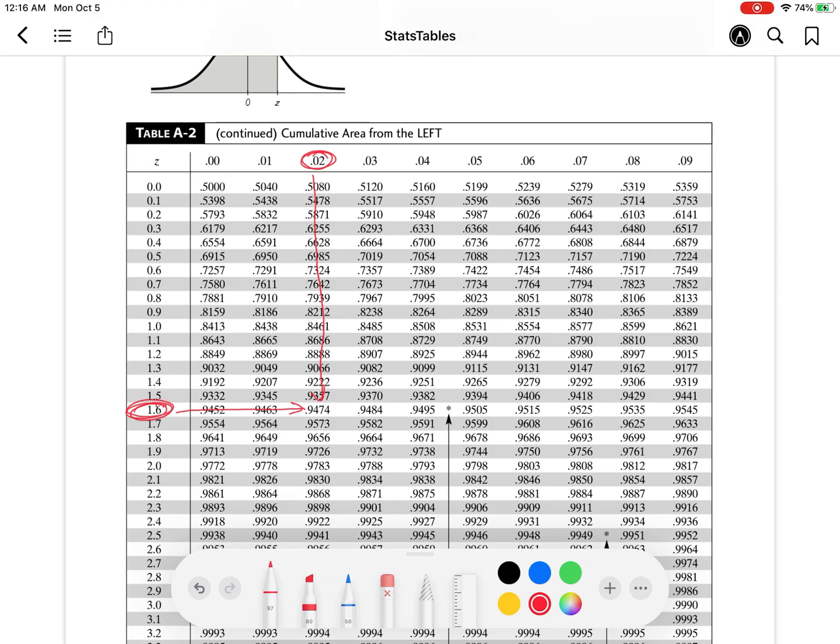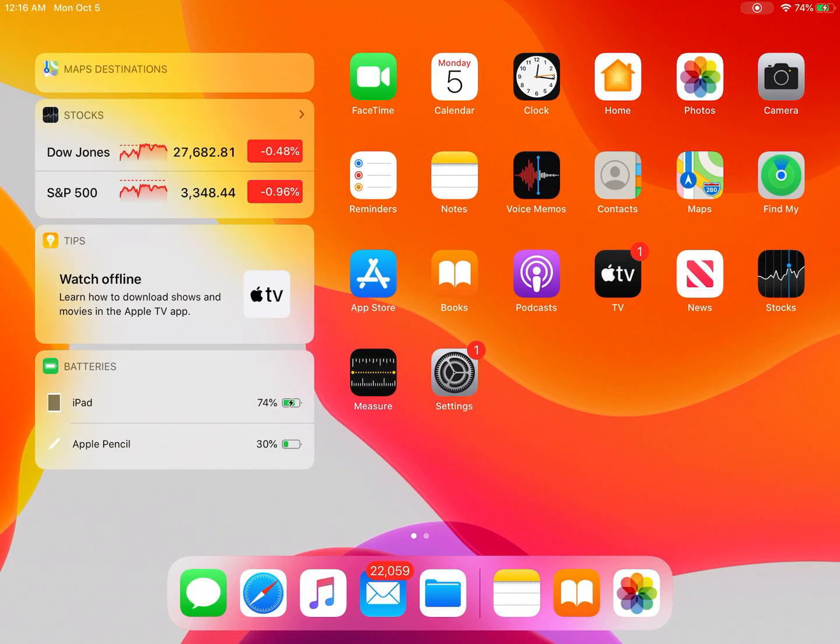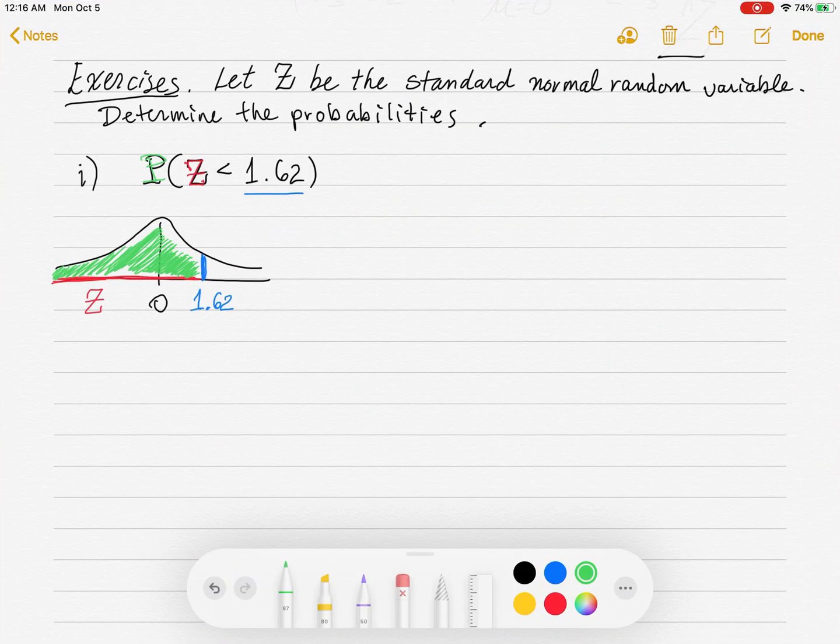And then in the middle of the table is going to give me my area to the left of 1.62. It's always going to be to the left of the z-score that we look up. So that area is the probability. It's 0.9474. So that's going to be our answer there.